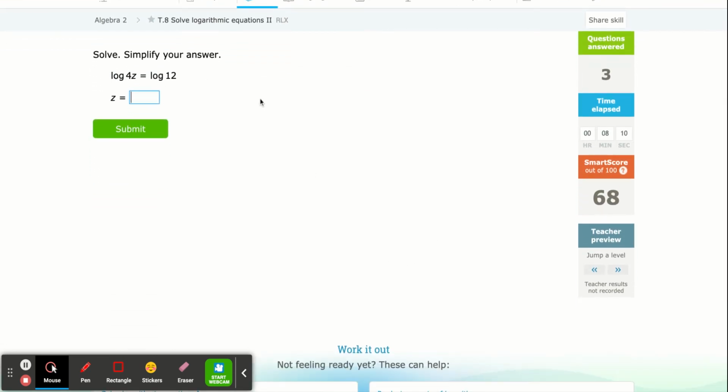Okay, now here's where we have two logarithms on opposite sides of the equation. So what we do is we either add or subtract one of them over to the other side, so we can use the product or difference rule. Obviously, since they're both positive, we're going to subtract. So I'm going to go 0 equals the common log, by the way, of 12 minus the common log of 4z.